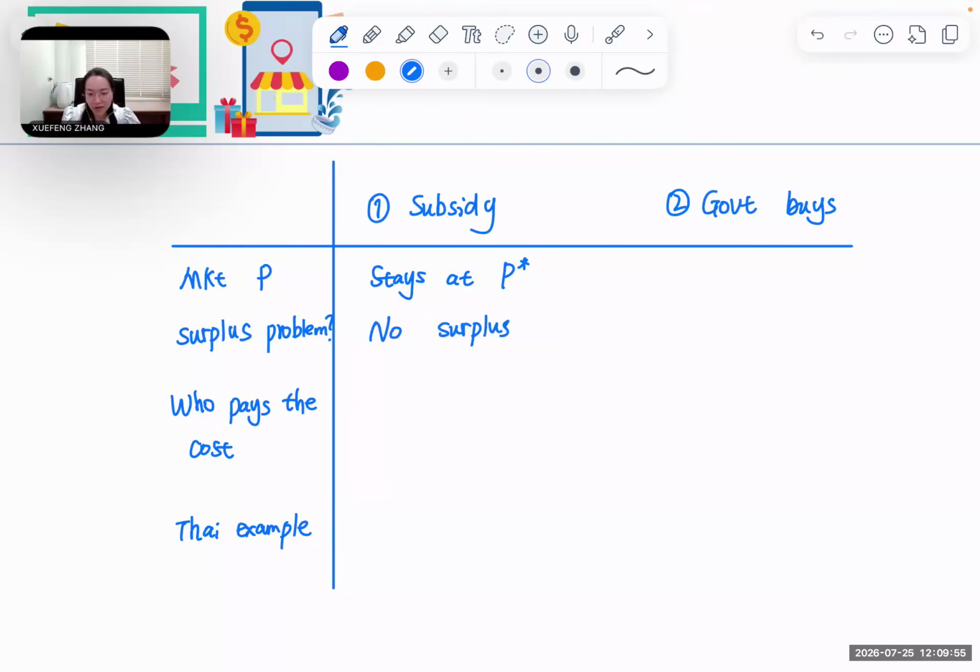Who pays the cost? Taxpayers, right? The gap between the price floor and the price star. The example is rice price support top-up payments in Thailand.